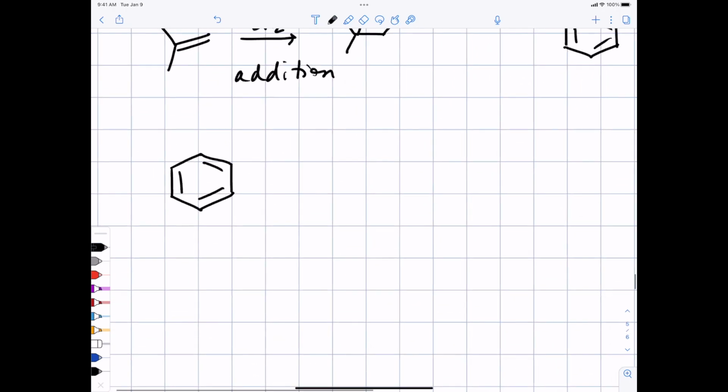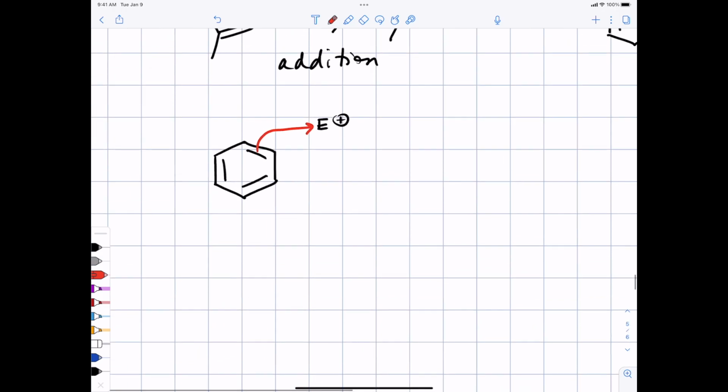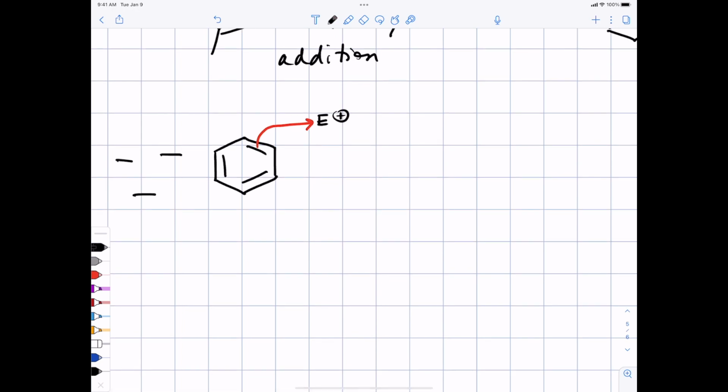Imagine you have a benzene ring and you have some electrophile. We're not going to say what it is, that's why we're just calling it E with a positive charge. We can show one of the pi bonds, and they're all identical. We can show two of the pi electrons from benzene. Actually, they're not identical, we just showed that. You have two that are lowest energy and two that are higher energy.